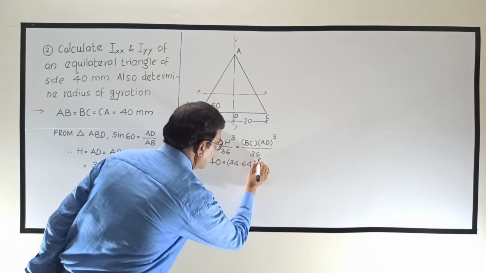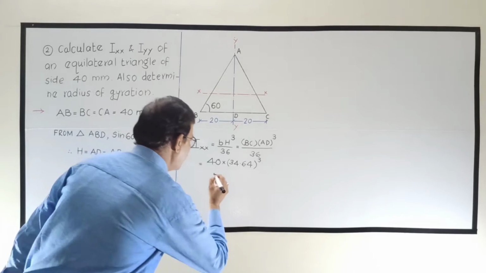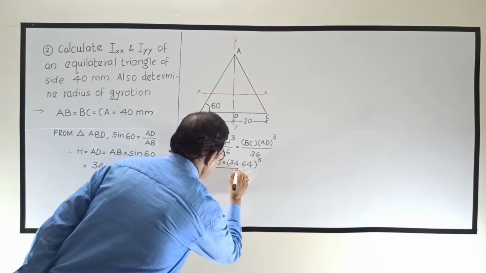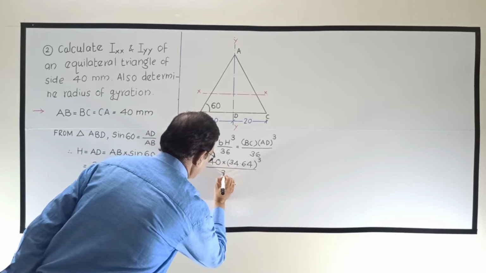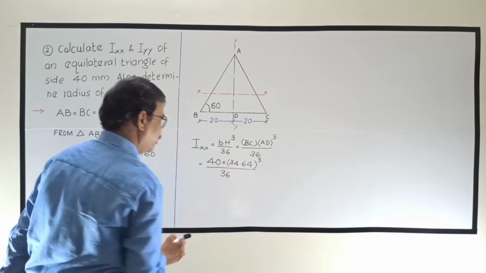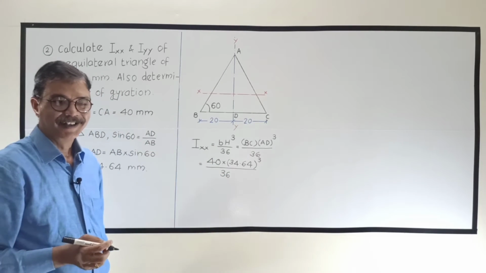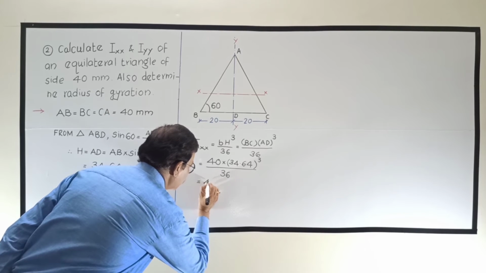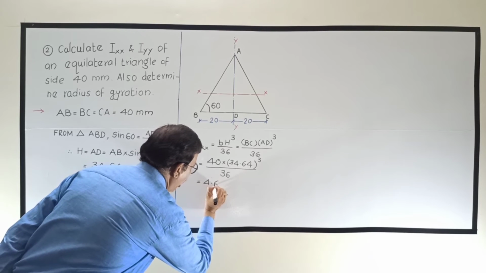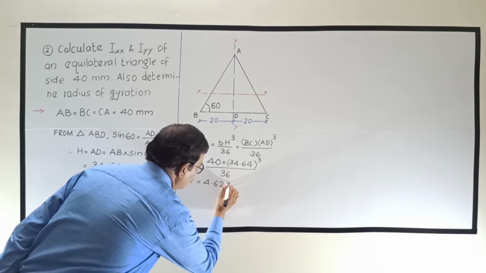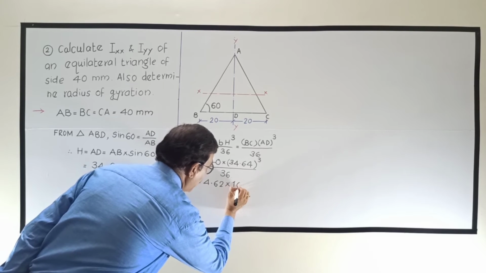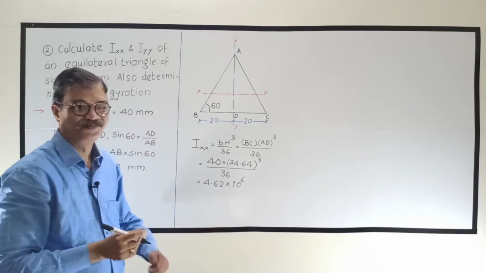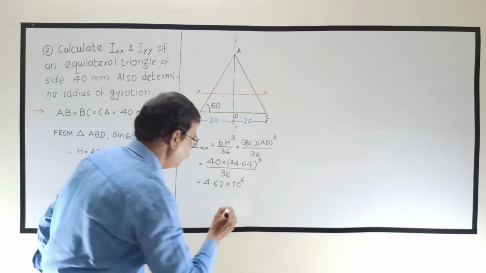Cube of that divided by 36, which comes out to be 4.62 into 10 raised to 6 mm raised to 4.